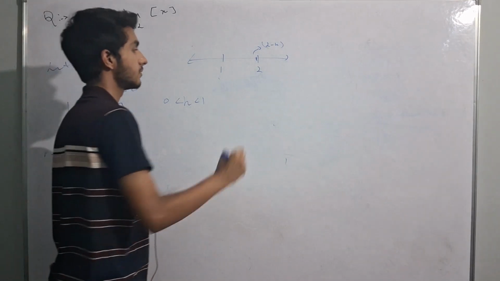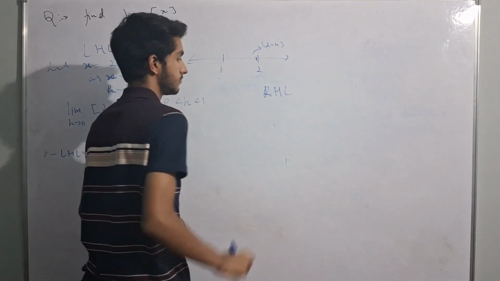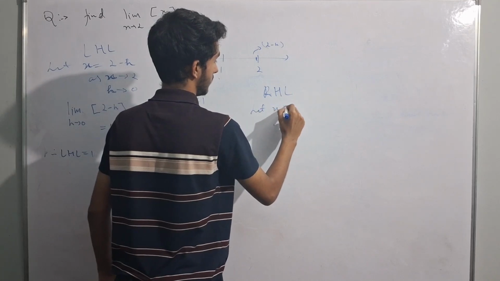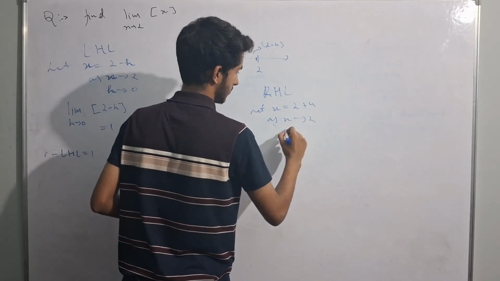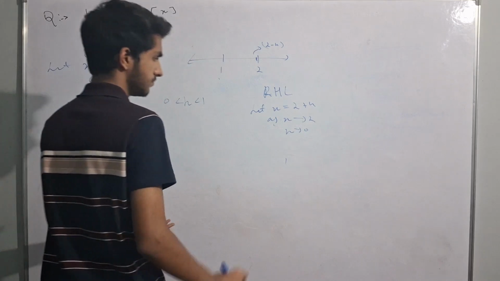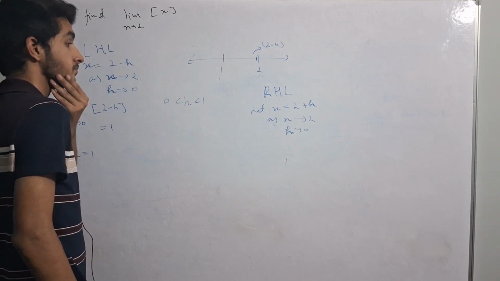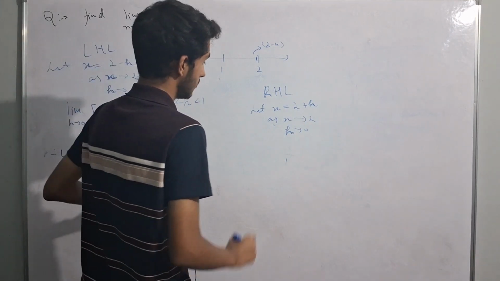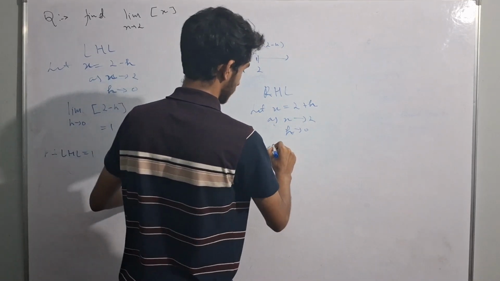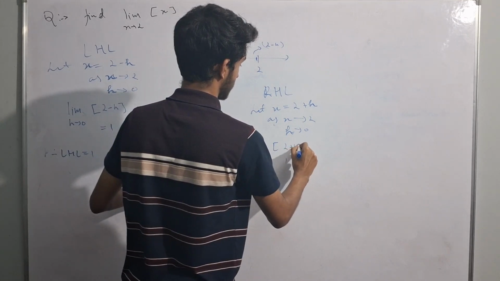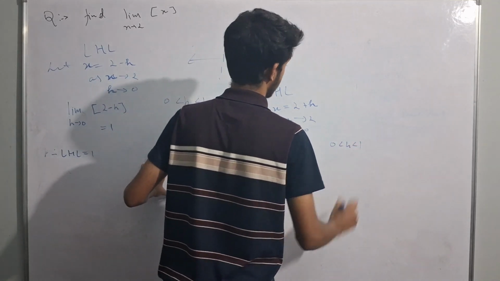And for right hand limit, let x is equal to 2 plus h. As x approaches 2, h approaches 0. So limit h tends to 0, greatest integer of 2 plus h, as again h is greater than 0 but less than 1.